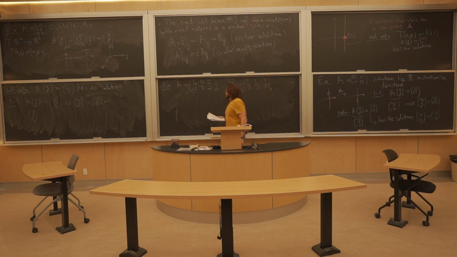So let's compute A minus 2B. I'm just going to write everything out. So this is 4, 0, 5, minus 1, 3, 2, minus 2 times this matrix.